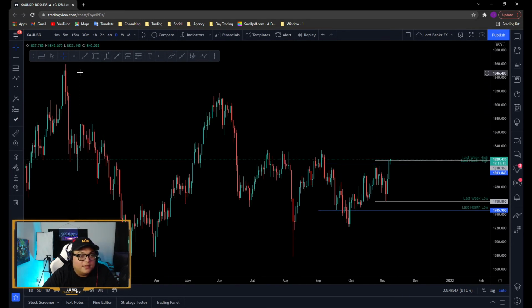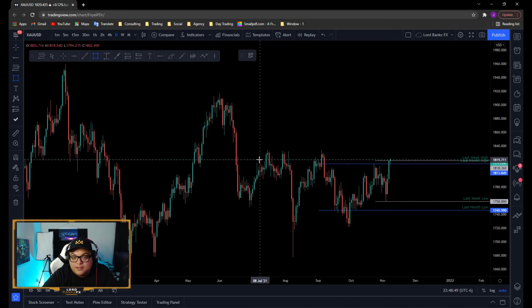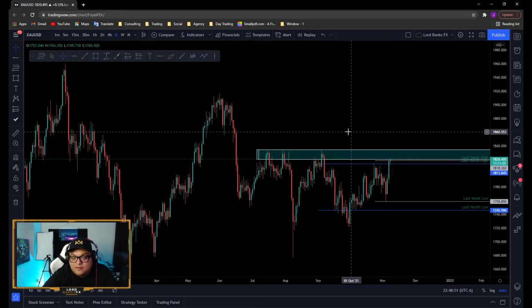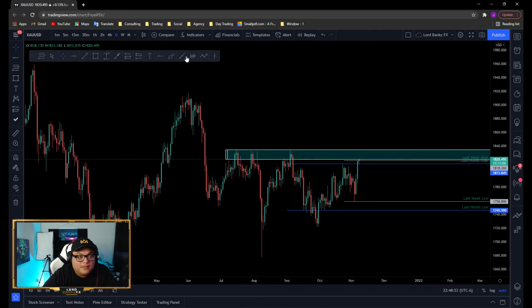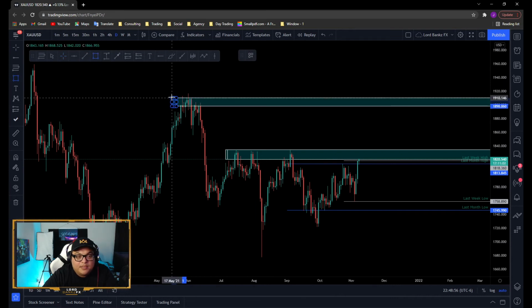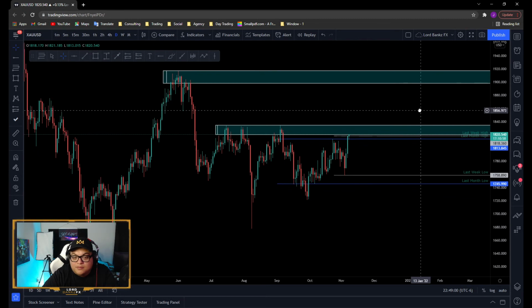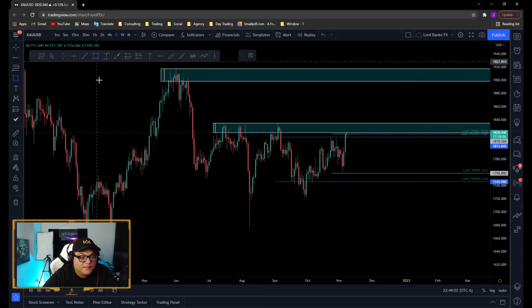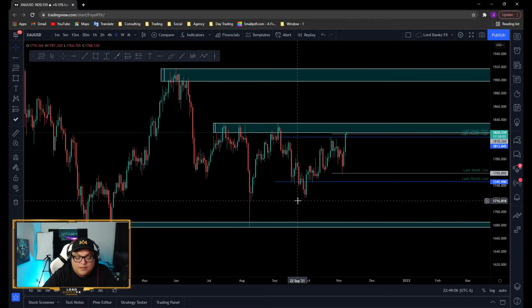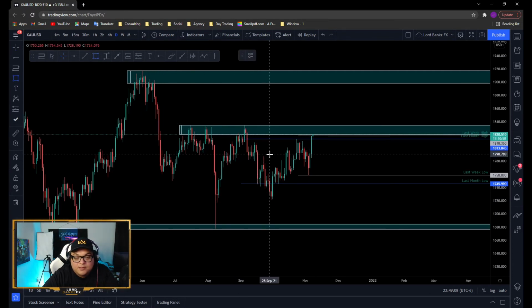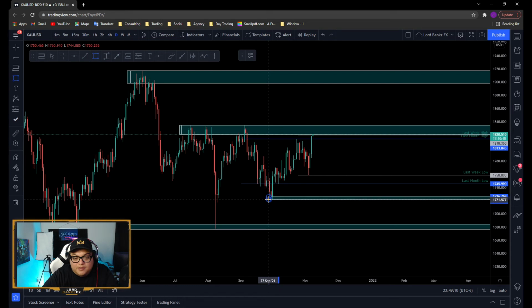Look at this daily. You got this area right here where it's kind of touching right now. Breaking that, you got this area up here. And then below it, got that area right there. You got a little area right here.